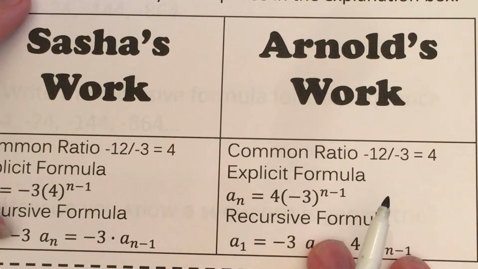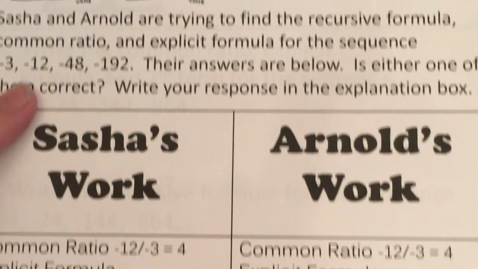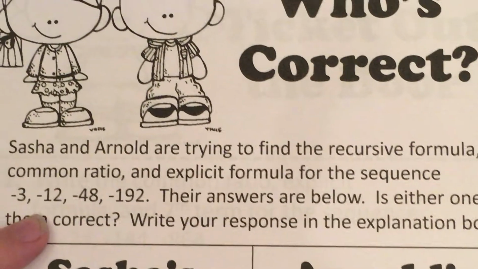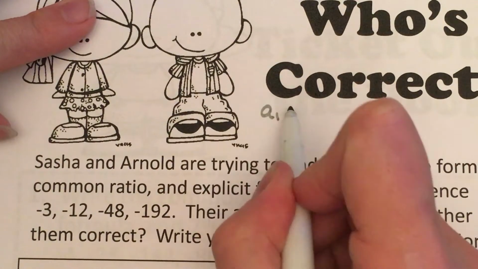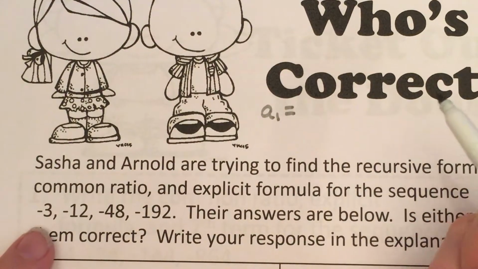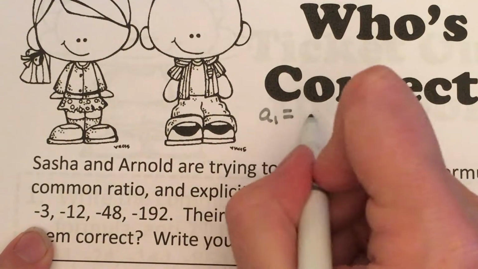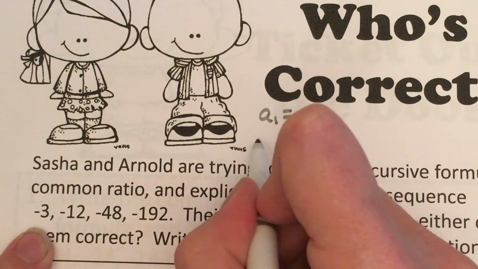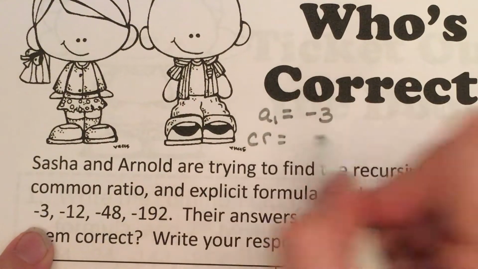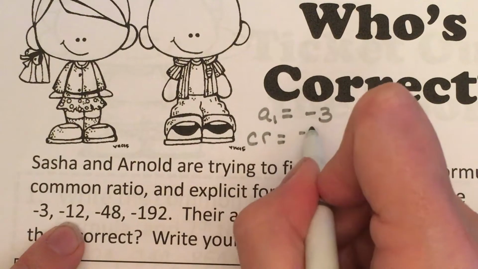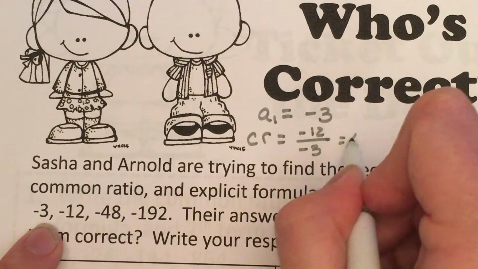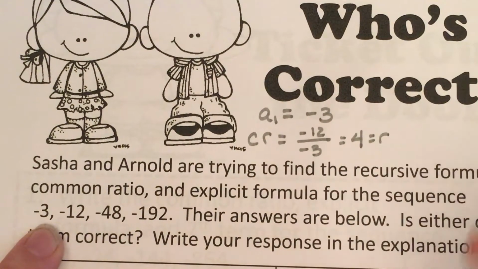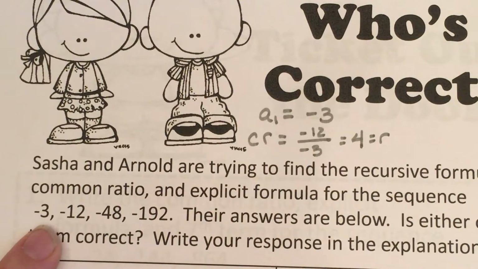So looking at this, let's do it ourselves first. Let's do it up here. So we know a sub 1 really has to be what? Yeah, -3. We know the common ratio, -12 divided by -3 is 4. That's R. Okay.